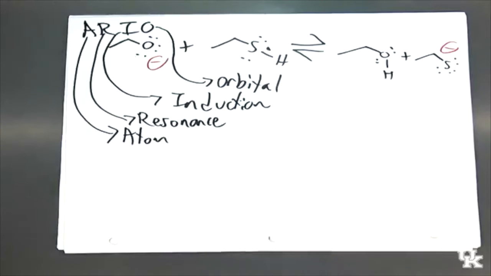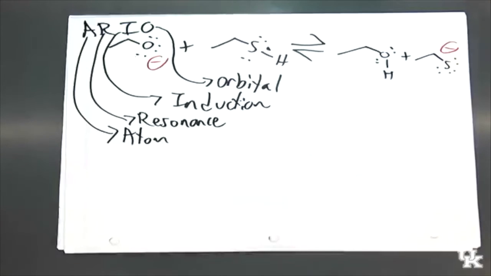Because the key in qualitative analysis of reactions is to find the most stable conjugate base. The reason why that's the biggest thing to do is because a more stable conjugate base means a stronger conjugate acid. Does that make sense? Let me say it again.